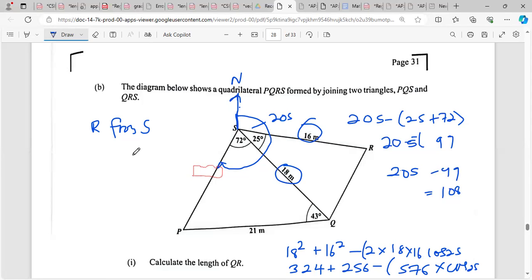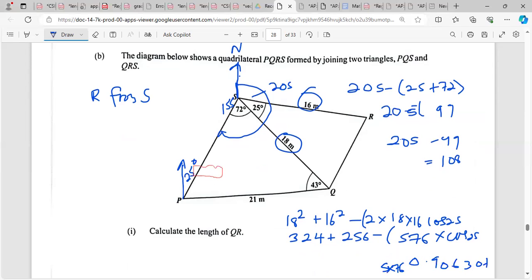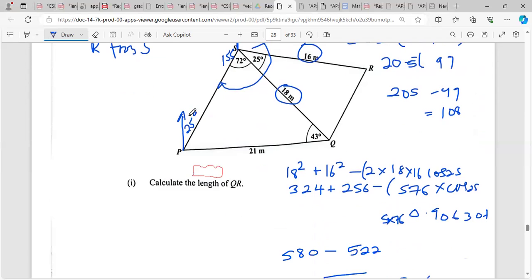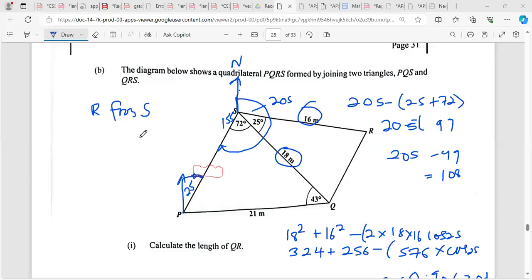I have to subtract 205 from 360, which gives 155, and this angle right here is supplementary, so this will be 25 degrees. So right here will be 25.